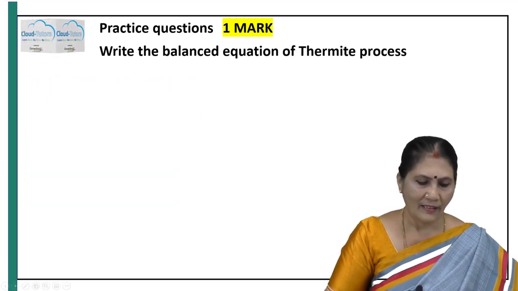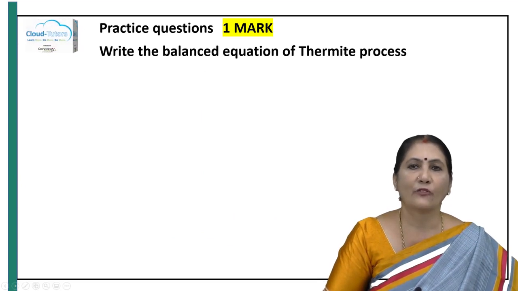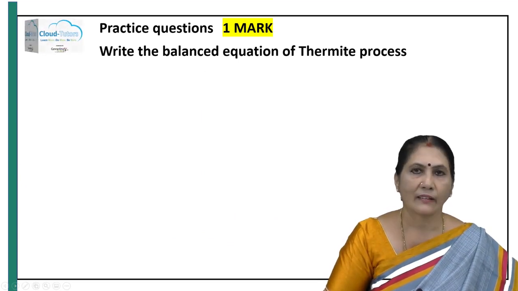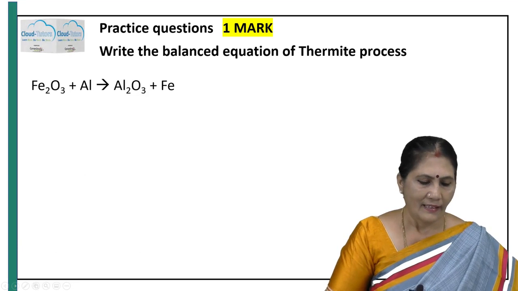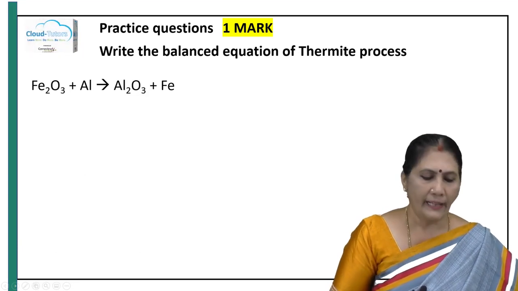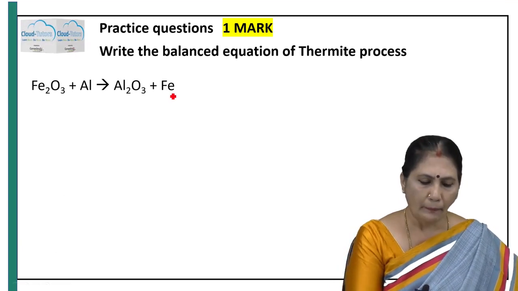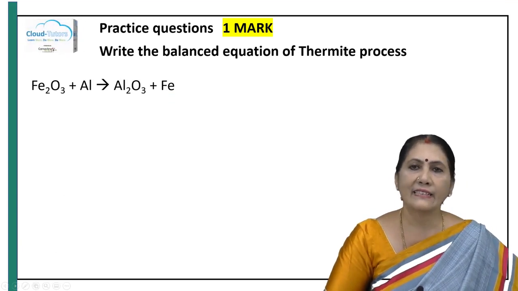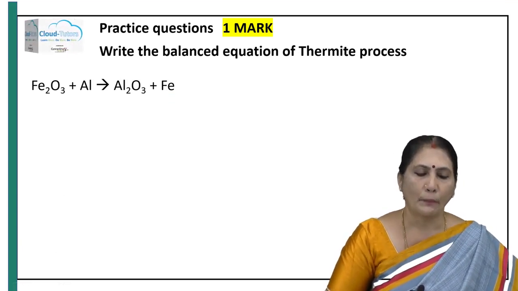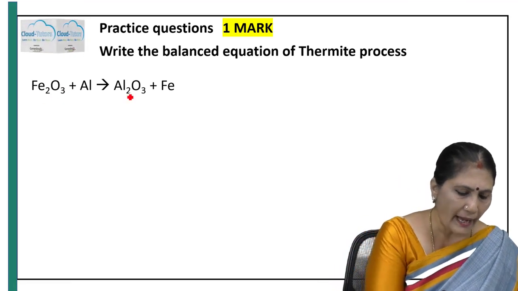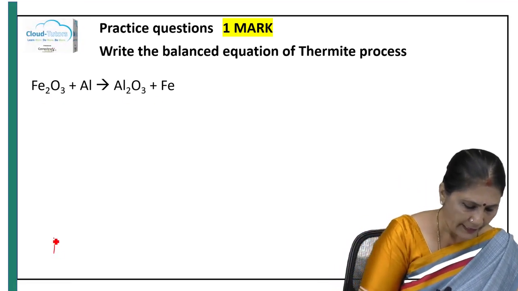Now, write the balanced equation of thermite process. Fe2O3, when it reacts with aluminium, it gives alumina plus iron. That is what is known as the thermite process. Now, let us balance this equation.